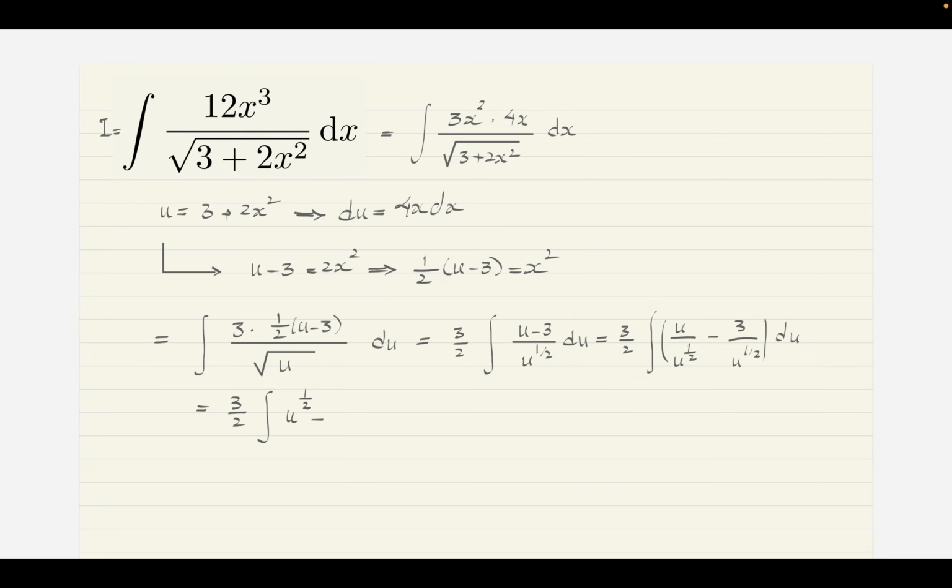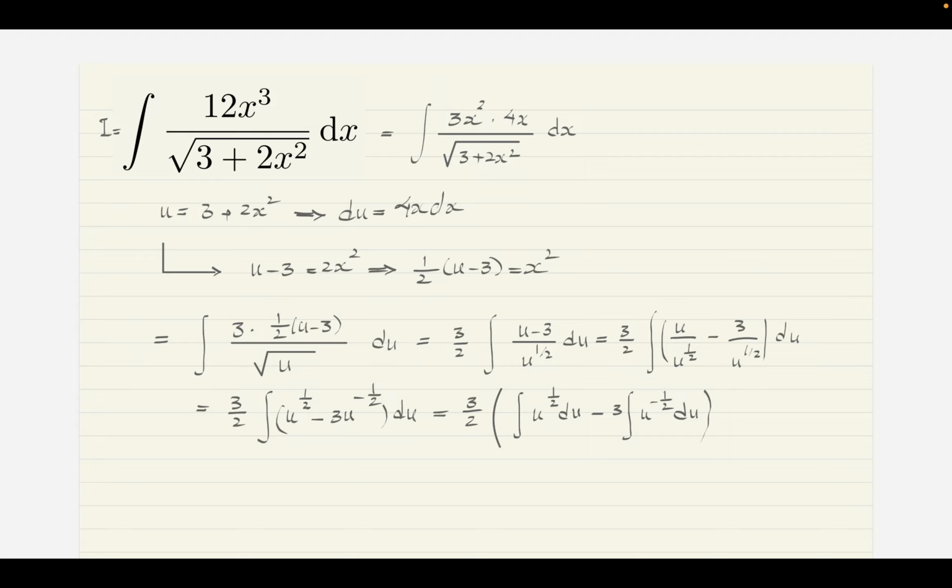And the other u to power 1/2, I bring it up, so it becomes minus 3u to power minus 1/2 du. But now I can break it into two integrals. Remember, there is a factor of 3/2 outside, so I open a pair of brackets, and then I open up my integral. So it becomes integral of the first one, and then minus 3 is a multiplicative constant. I pull it out, u to power minus 1/2 du.